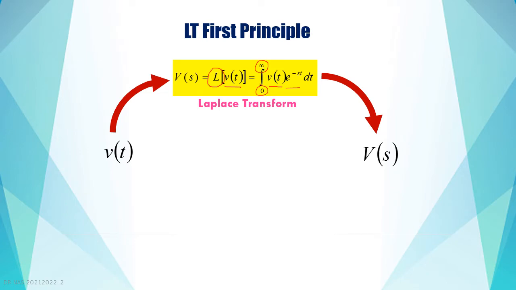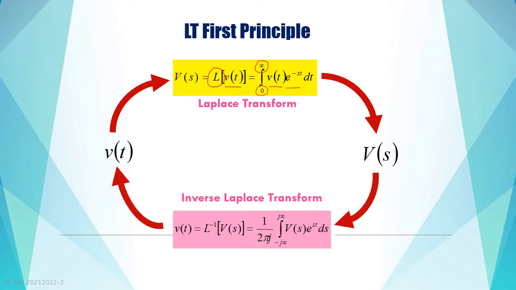Then you get the equation in S domain, capital V(s). Once you have solved the problem using S domain, you need to reconvert the S domain into T domain again by using inverse Laplace transform. So in this, L to the power of -1 is the inverse of Laplace transform. You transform the S domain back into T domain by performing another integration of the signal in S domain multiplied by e^(st) ds multiplied by 1 over 2 pi j.